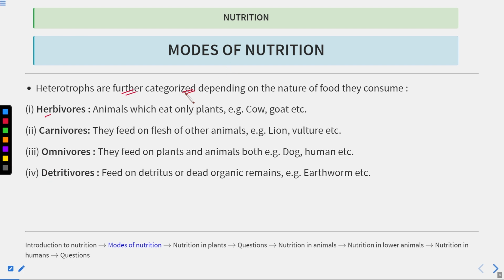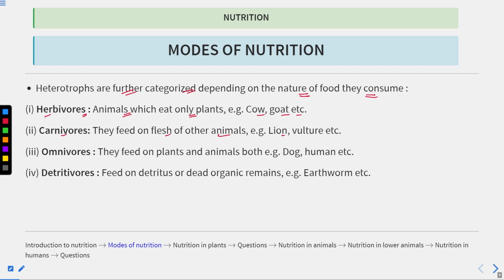And on which basis are they characterized? Depending on the nature of the food they consume. All right, so first let's talk about the herbivores. Herbivores are animals which eat only plants, for example, cow, goat, and some other animals. Carnivores, what are carnivores? They feed on flesh of other animals.